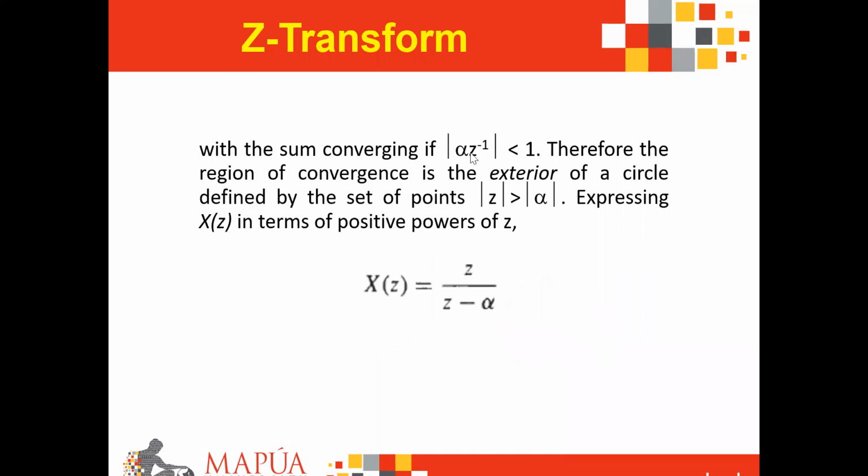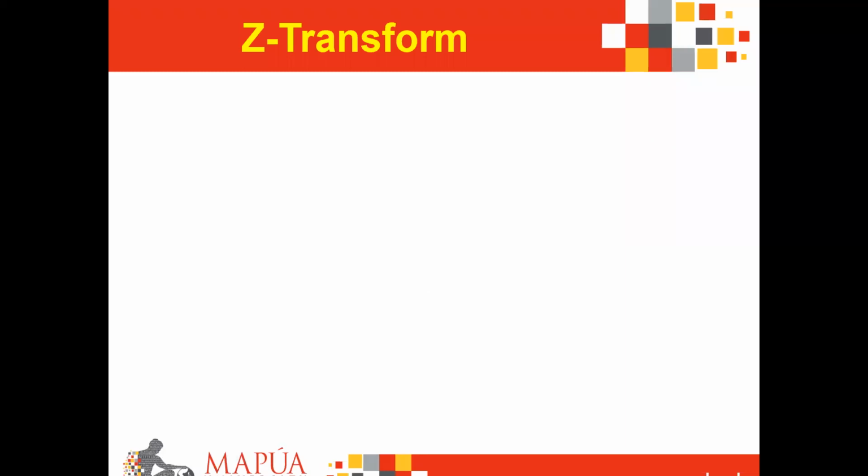Okay. So, ano yung region of convergence? The region of convergence would be, of course, absolute Z always greater than your absolute alpha. So hence, your Z transform would be like this.